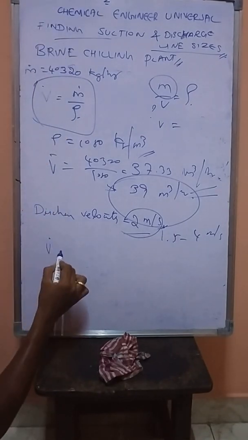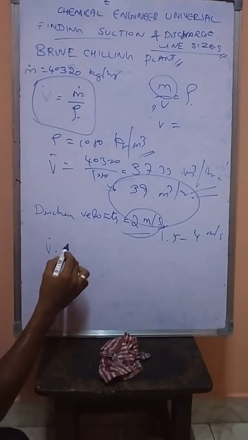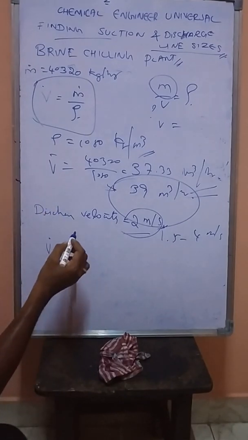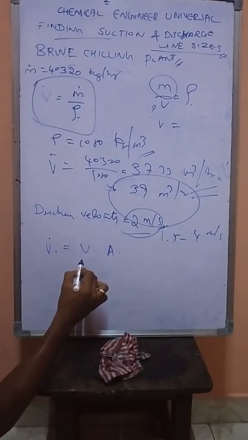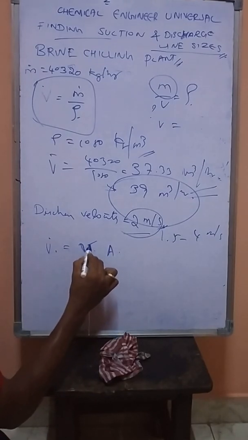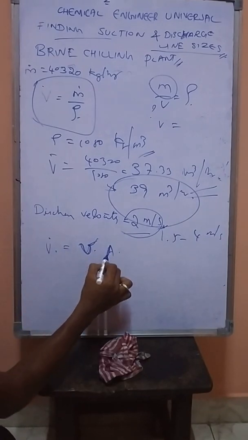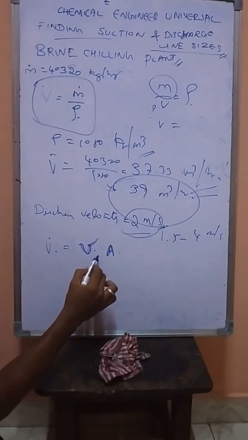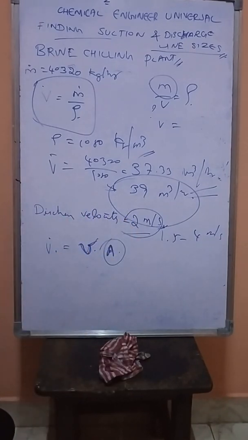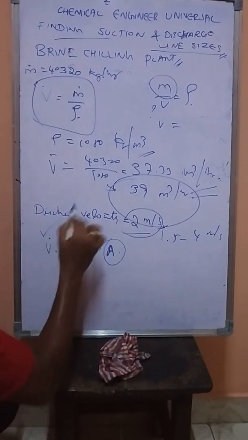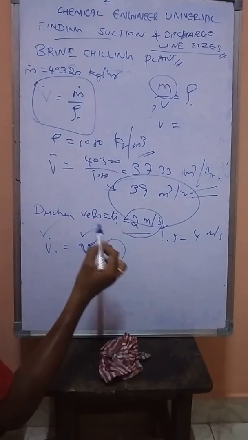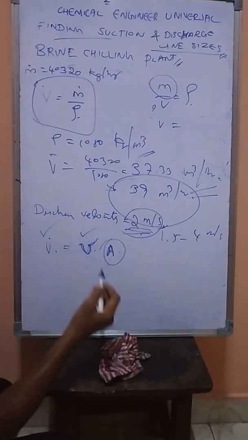You know the volumetric flow rate is equal to velocity into area. So you know the velocity, and we have to find out the cross section area. It can be found only when you know the size. So you have volumetric flow rate and you have a constant of 2 meter per second as per the recommendation.